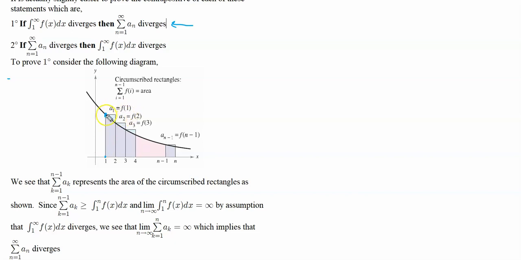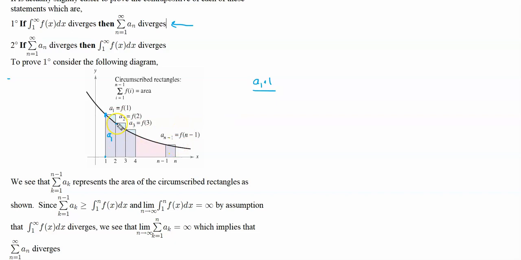So the area of this rectangle is just its height times its width, but its width is 1. So the area of this rectangle is a1. That's the area, because the width is 1. So a1 times 1 is the area of the first rectangle.